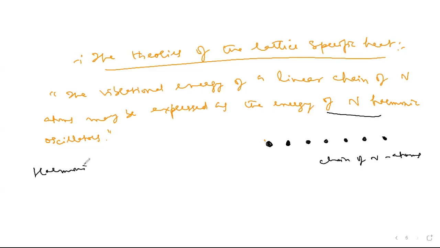I give you the definition. It is an idealized oscillator which oscillates under the action of a force F equal to minus kx, where x is the displacement of the mass oscillating from the equilibrium position, and k is the constant of proportionality.